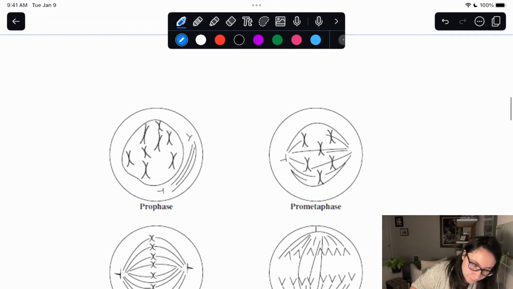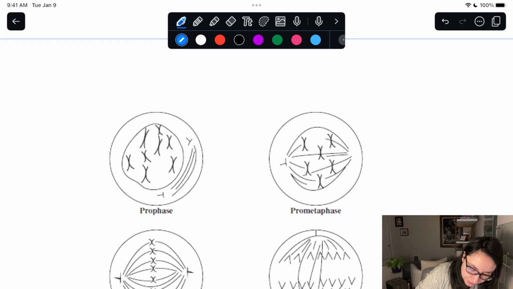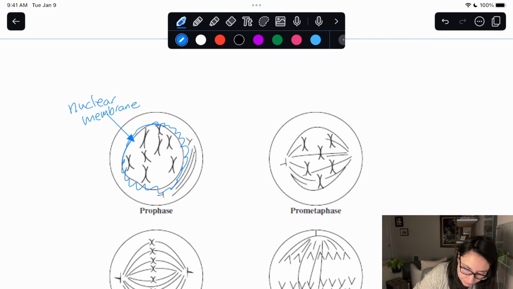So the first thing that you see in prophase, I do it in blue, and I'll have a little arrow pointing here, and all you're going to say is that the nuclear membrane disappears.